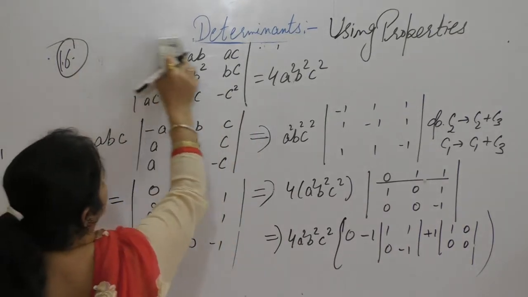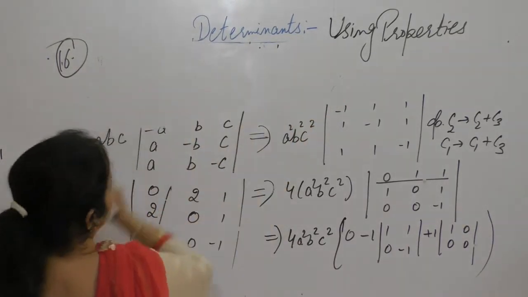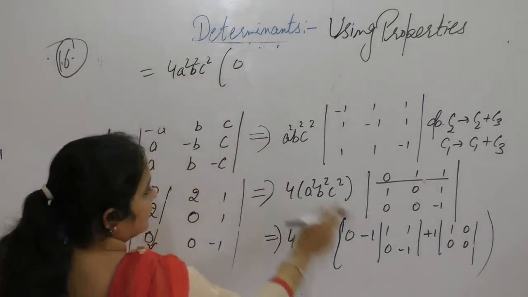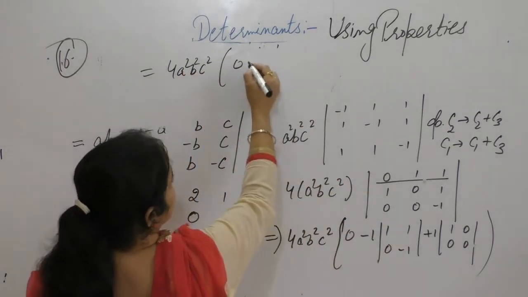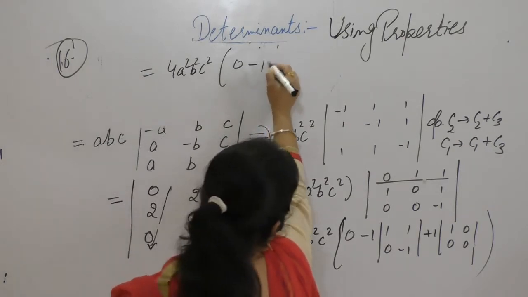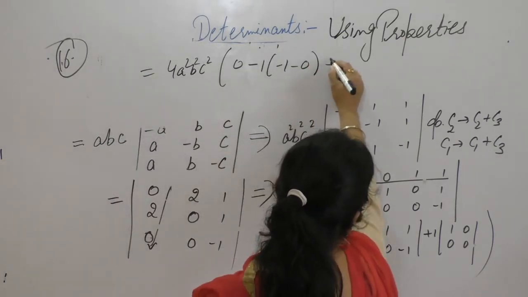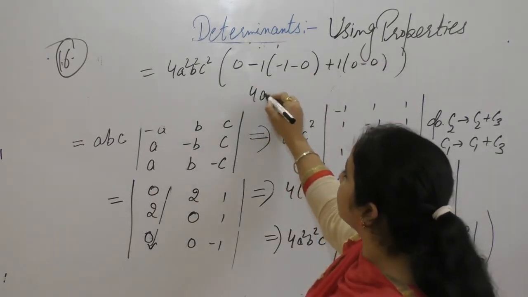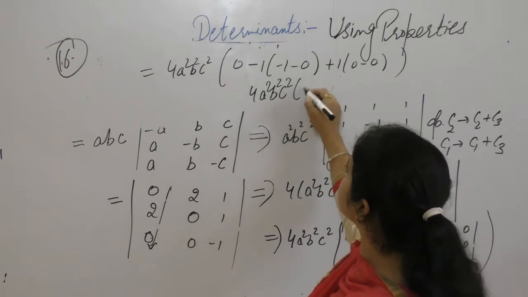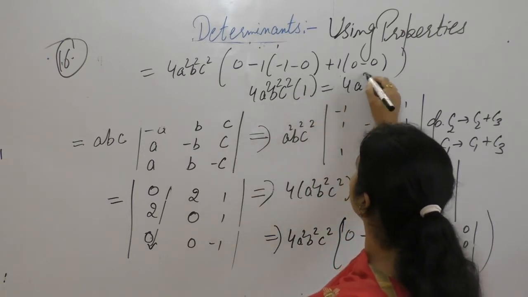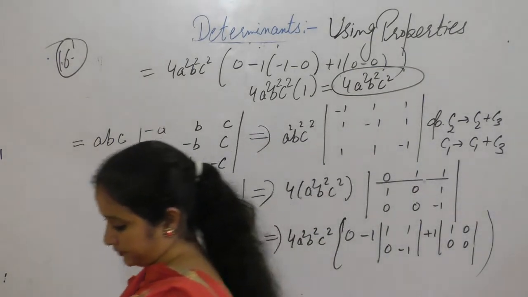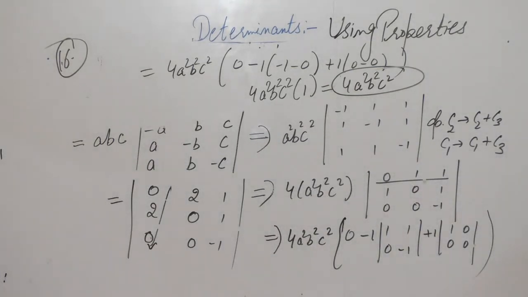So 4A square B square C square, minus 1 minus 1 minus 1 minus 0 0 minus 0. So minus minus plus 1. So 4A square B square C square into 1 is 4A square B square C square. Note it down.